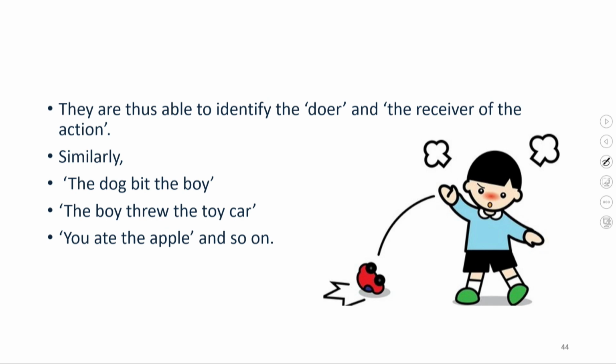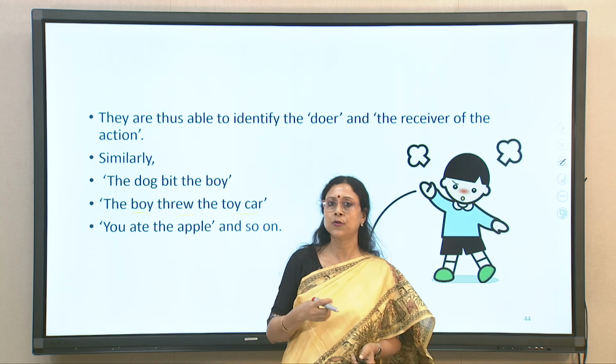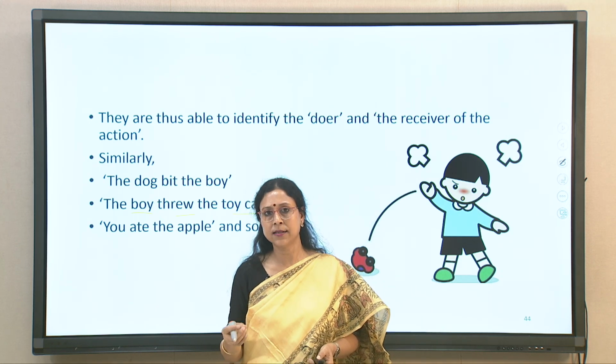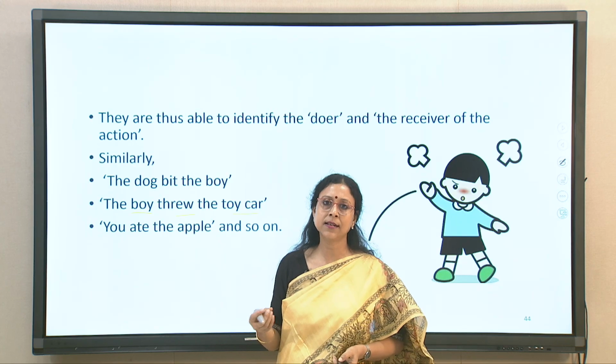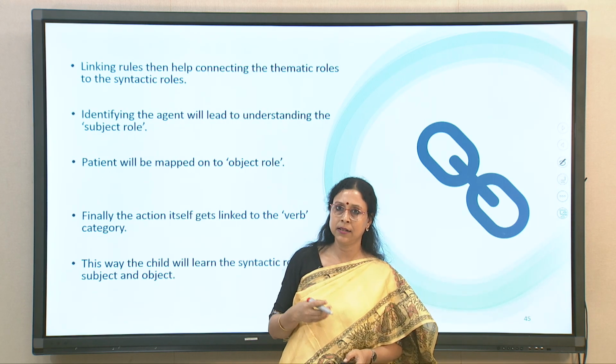For example, the boy threw the toy car. Now, this is one, this is the other, and this is the action. When this kind of action is very common in a child's environment, the boy throwing the toy car is easily understood as the boy being the doer and the car being the patient, that is the recipient of the action. This kind of mapping happens in childhood.